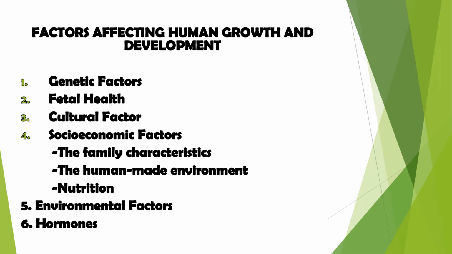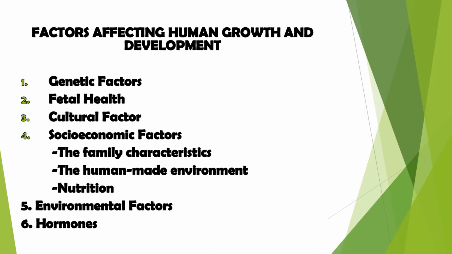Other times, genes follow a dominant-recessive pattern. If one parent has brown hair and the other has red hair, the red hair gene is the dominant gene if their child has red hair.